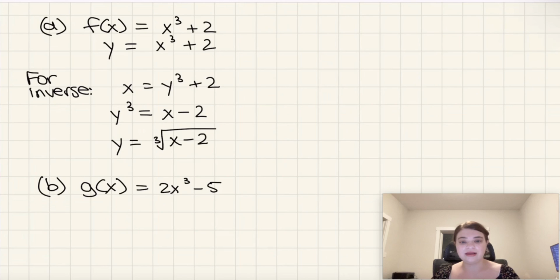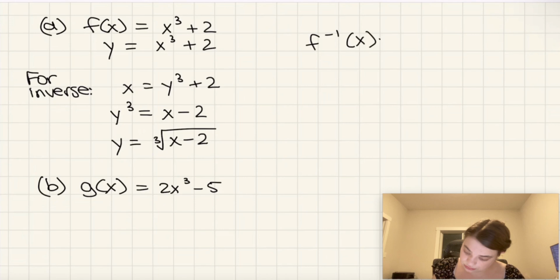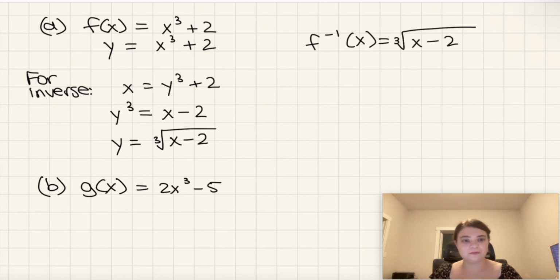There is no way that we can plug in some value for x and get two separate values for y as our output. Therefore, it is a function. So I'm going to switch back to function notation here and end up with the inverse is the cube root of x minus 2.